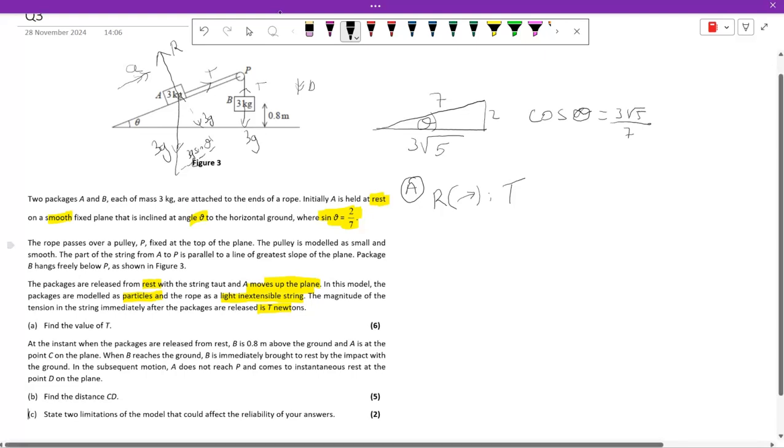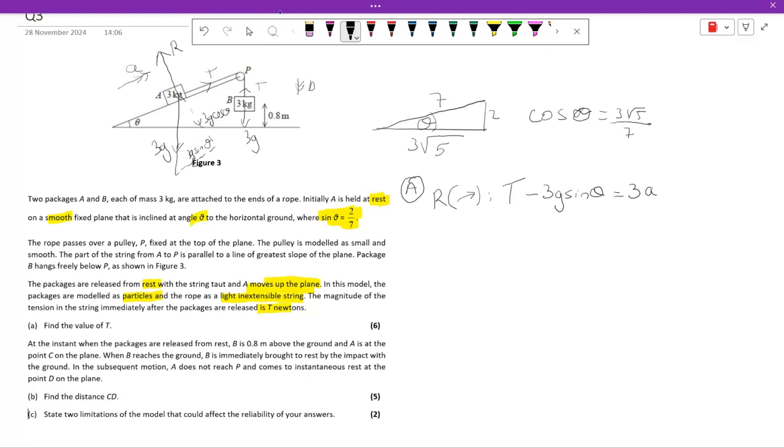And here you've got 3g cos theta. So you've got tension pulling it up the plane, and 3g sine theta coming down the slope. And that's equal to MA, because that's the resultant force, and because this is accelerating up the slope. M is 3, acceleration a.